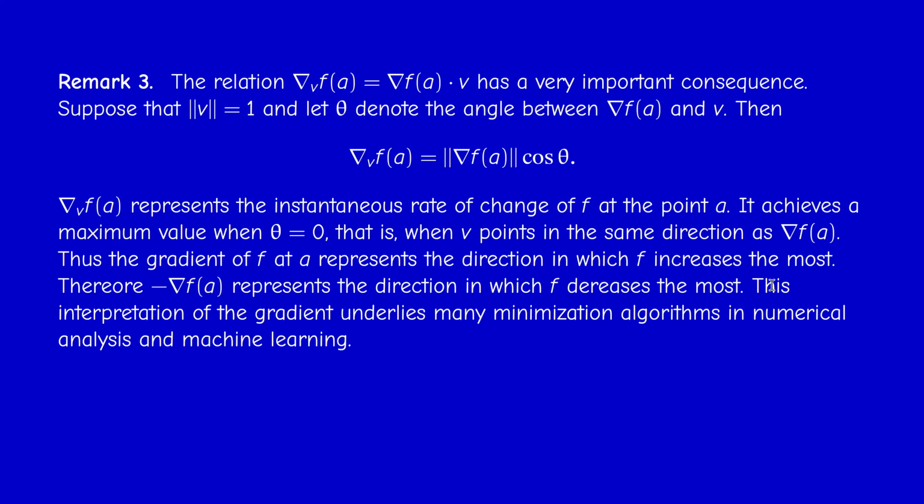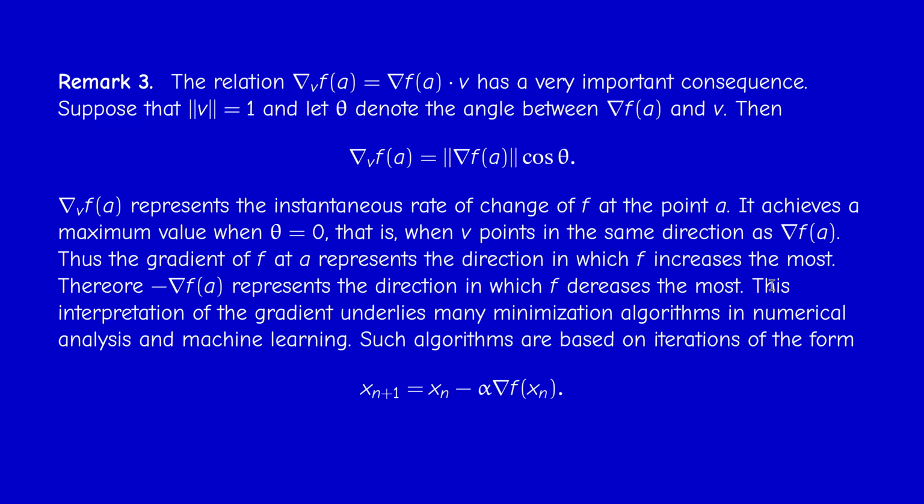So, in a minimization algorithm, we search for a minimum, hopefully a global minimum, of a function of several variables. So we start with a certain initial condition, and we iterate. So we define a sequence. All these schemes are actually something of this form. We start with x0, and then we iterate.